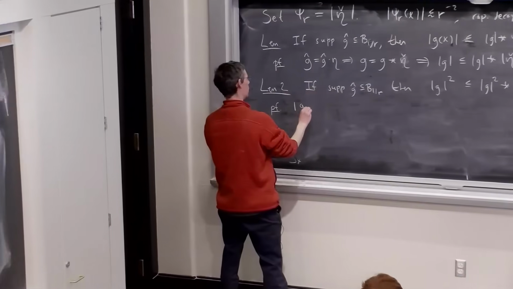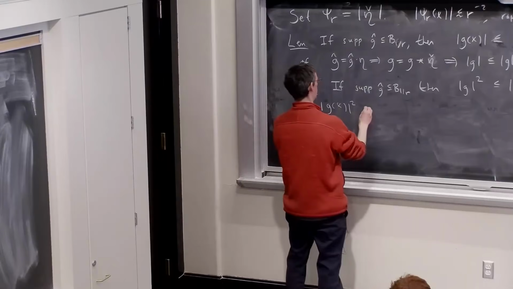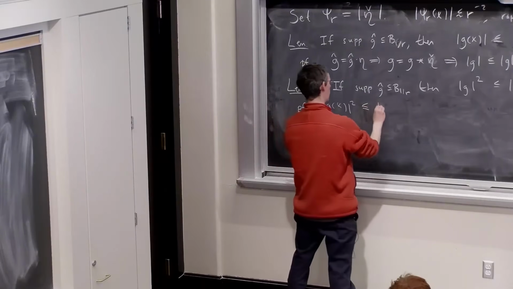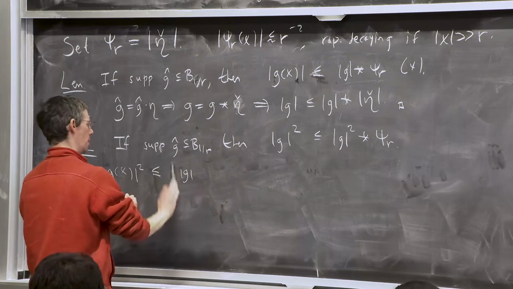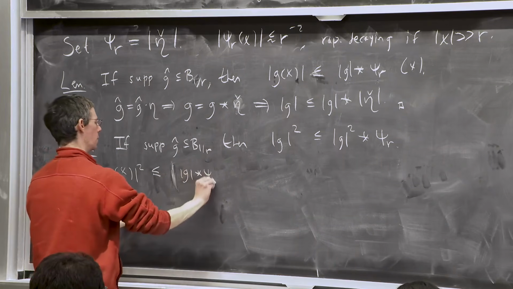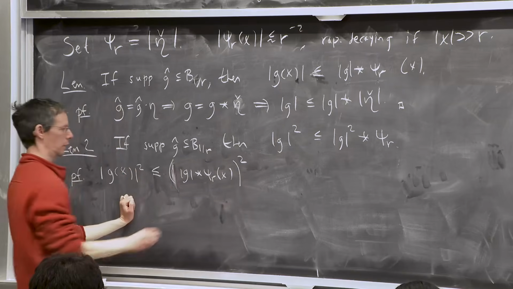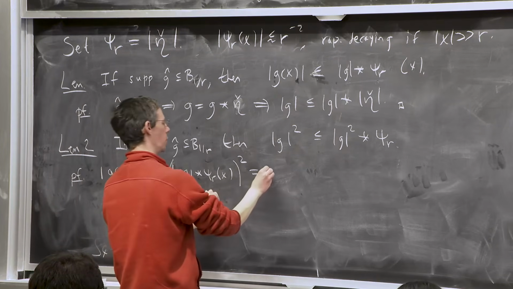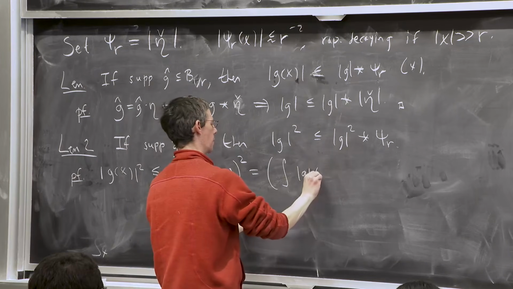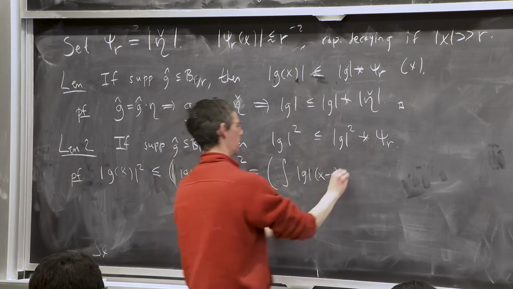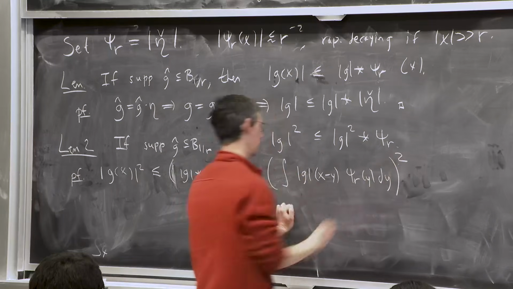So the norm of g of x squared is bounded, by the first lemma, by the norm of g convolved with psi r at x, squared. If I write out what this convolution is, it's the integral of the norm of g of x minus y times psi r of y dy, all squared.